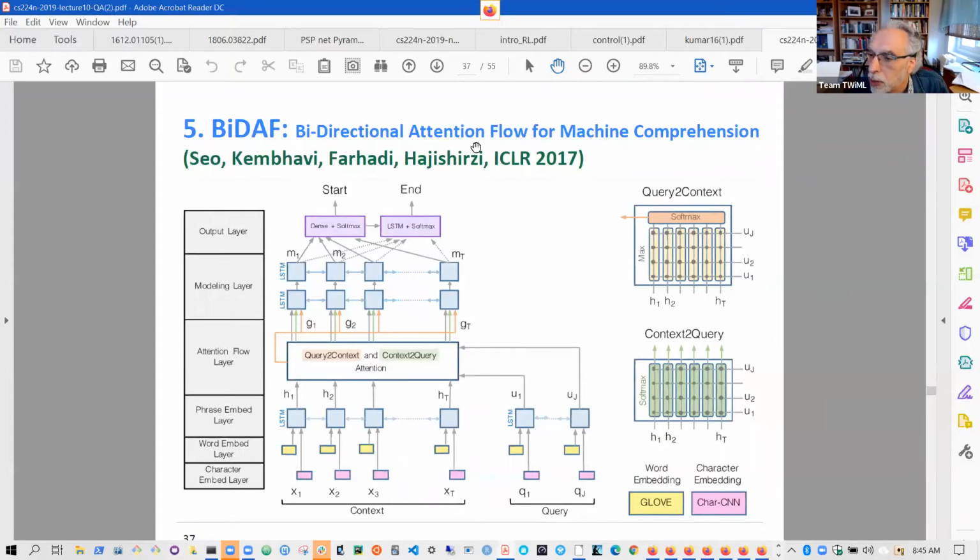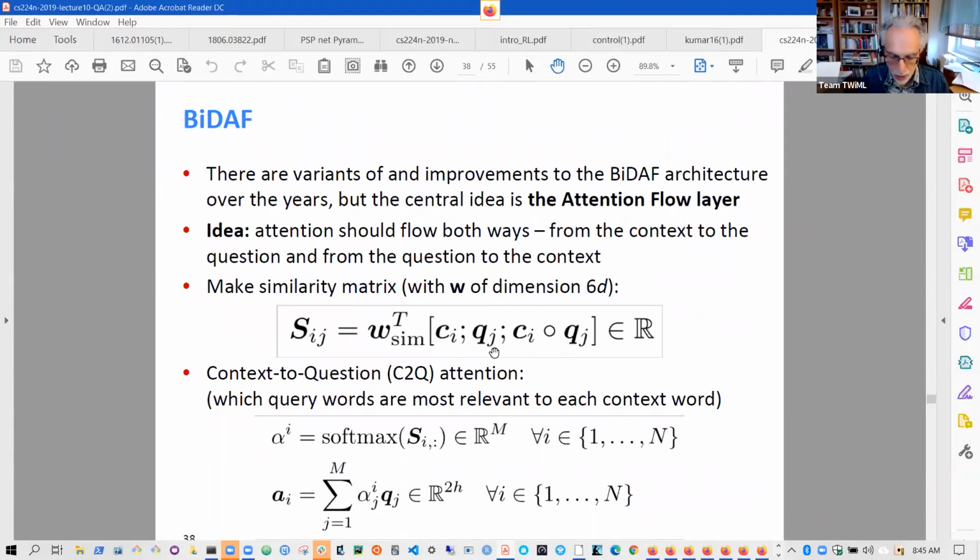So this is just a large schematic drawing that is trying to break things down. The pieces we're interested in are these two pieces, the context to query and the query to context part of the bidirectional attention flow layer. Okay, so with that, they go into more detail.